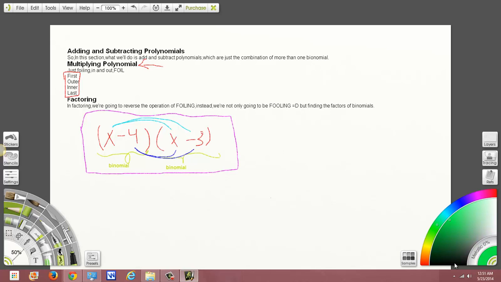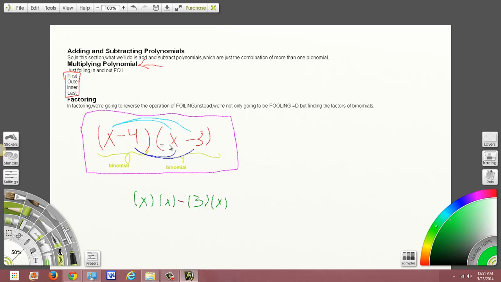Choose a different color so you won't get sleepy. So x times x is x squared. So I'm going to write that x times x, and we're going to simplify it later. X times x, and then minus 3 times x.